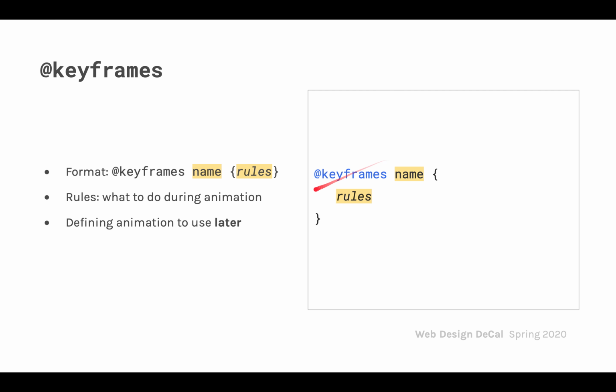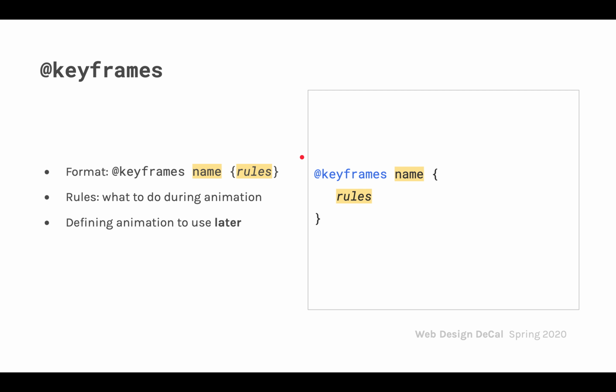So remember, always include the @, that matters, and then keyframes, plural. And then the name, you can name it whatever. We'll go through a couple examples in the next couple slides. Inside you have a ton of rules. The rules are basically what you're doing during the animation, and this structure overall is defining the animation.